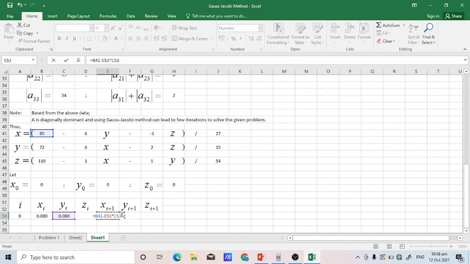Tapos, ayan, D41 times C53 minus, di ba ito yung x sub i plus 1, y sub 0, z sub 0, minus, ito, times z sub 0 ito. Ayan. Okay, tapos over 27.